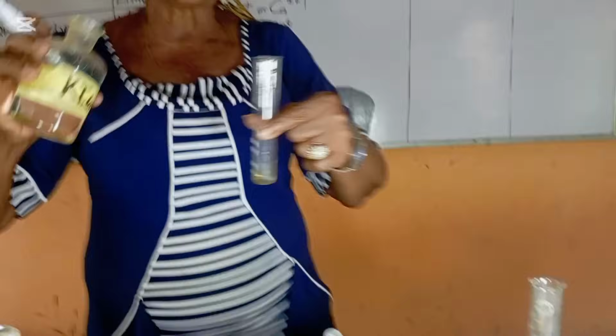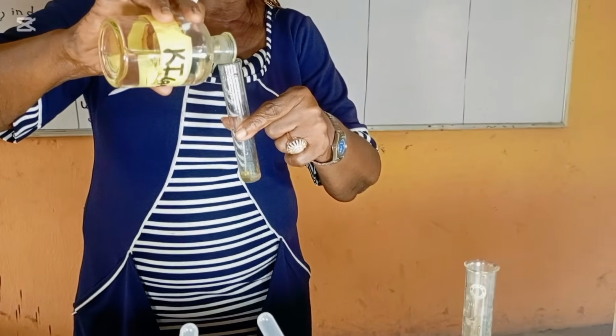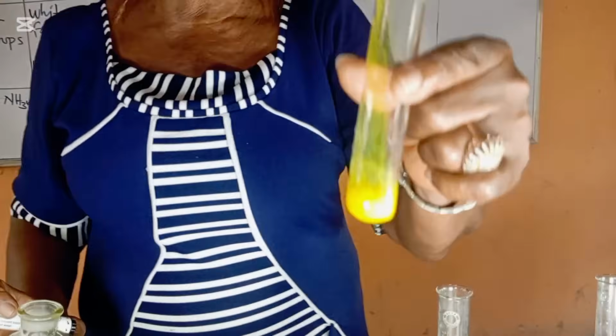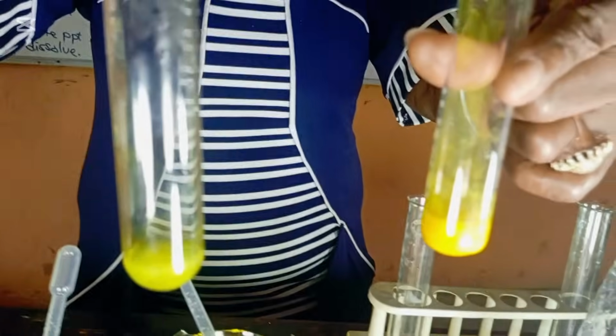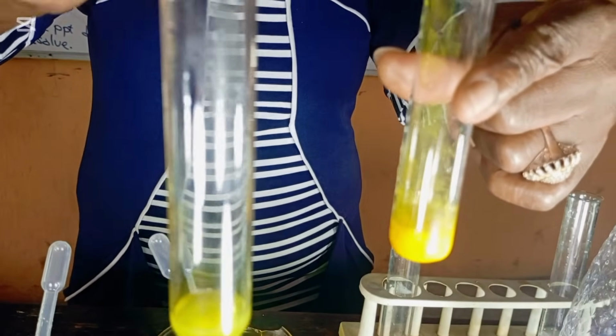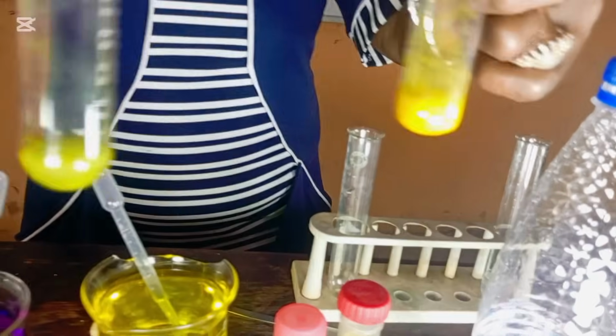So I want to add potassium iodide to the third portion of C. You see, this one is described as a bright yellow PPT, quite different from the other one. Look at the other one. It's not as bright as this. This one is with the K2CrO4 solution, but this one is potassium iodide. Both of them are confirmatory tests for lead 2 ion.